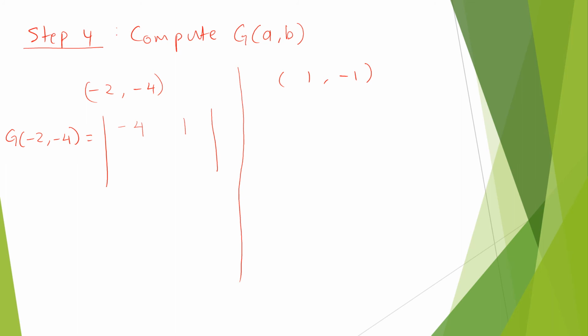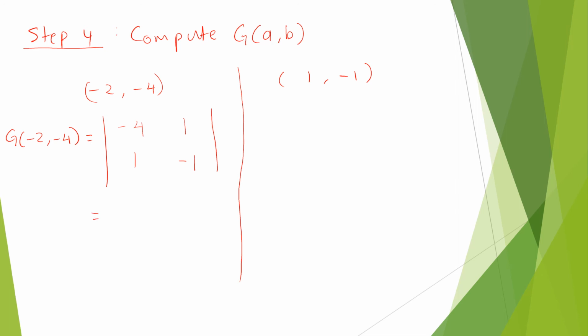If it is 1, then it is 1 also here. Okay, so fyy at the point -2, -4 equals to -1.